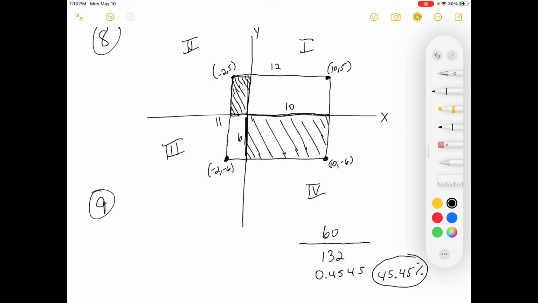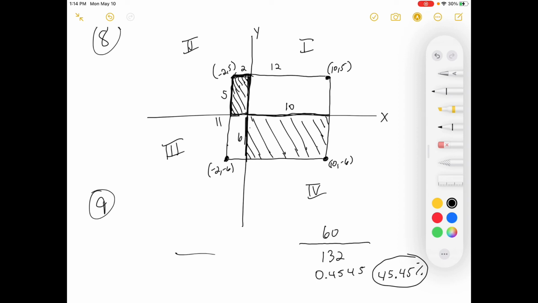So let's calculate the side lengths. Okay, so the top segment, that's from -2 to 0. So that is a distance of 2. And the side length, that is, you're looking at the y values, that's from 5 to 0. So that's 5.